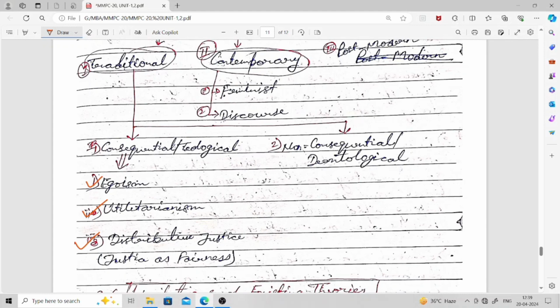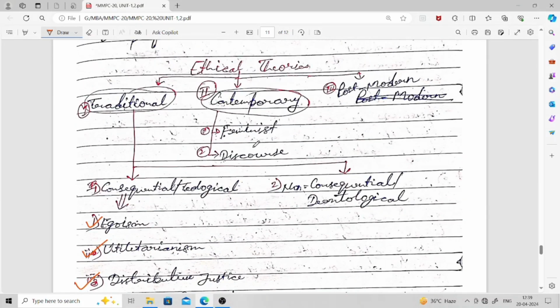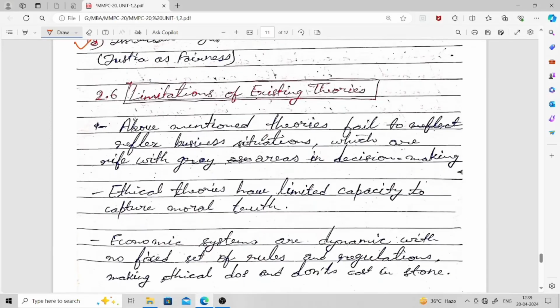Then the second, contemporary, we studied feminist and discourse theory, and the third one was the postmodern approach that we just talked about.